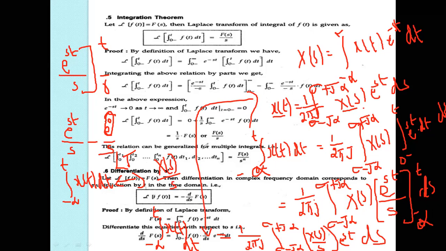You can do like this also. And for the nth term, the integration applied n times becomes s power n. See here, F of s by s power n. Understood? For the derivative, if you apply the nth derivative d by dt of x of t, what is the Laplace transformation? s into X of s.